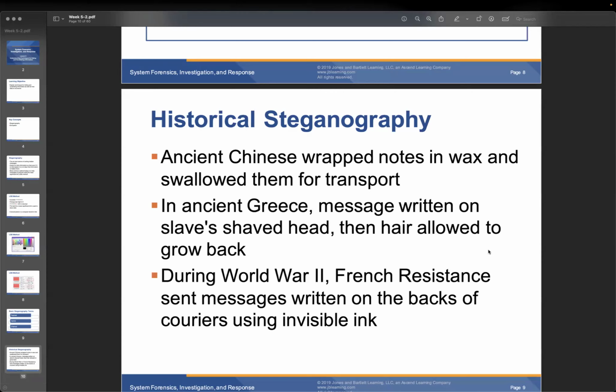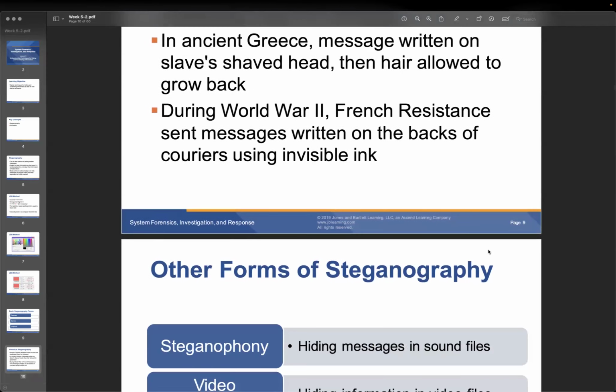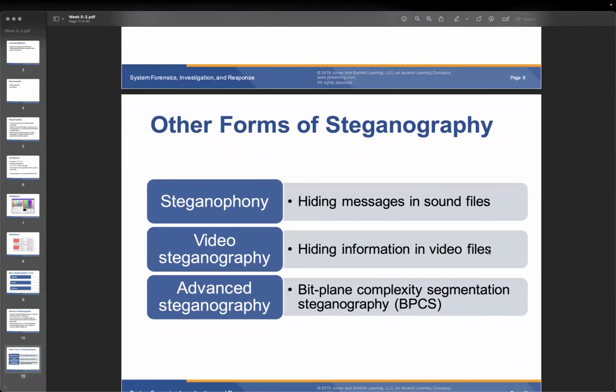In World War II, the French resistance sent messages written on the back of couriers using invisible ink. All of this means they want to hide the original format. In other formats, like phone audio or video, you can hide the message in a sound file.